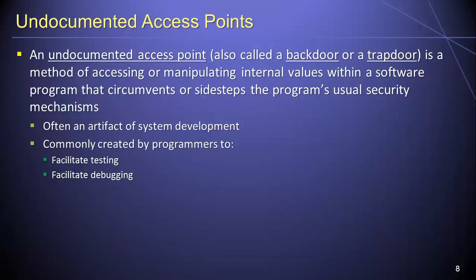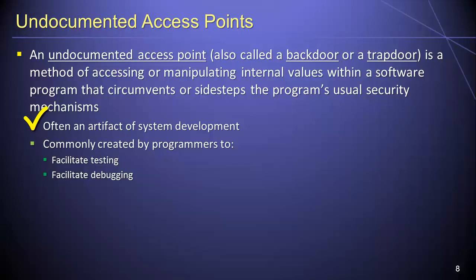The final common software program vulnerability that I would like to discuss is known as an undocumented access point, also known as a backdoor or a trapdoor. This vulnerability occurs when a method of accessing or manipulating internal values within a software program exists that circumvents or sidesteps the program's usual security mechanisms.